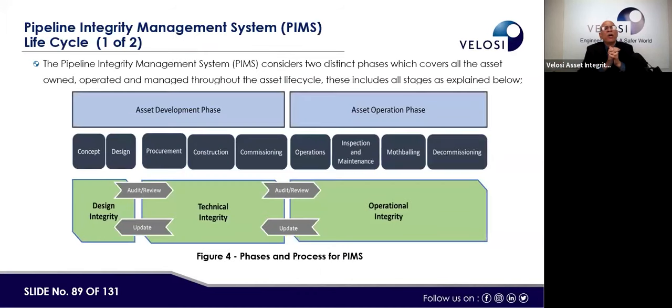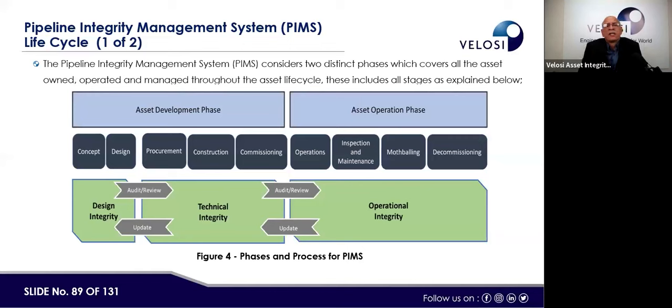Then when we try to cover the pipeline life cycle, we should know that there's a design integrity, then a technical integrity, then operational integrity. As such, there's an asset development phase, which covers design, procurement, construction, installation, and commissioning, and then there's the asset operation phase.